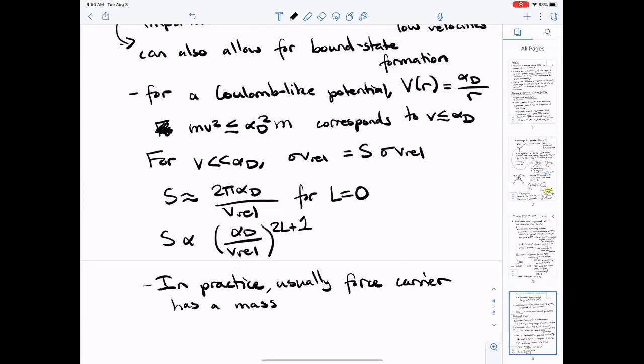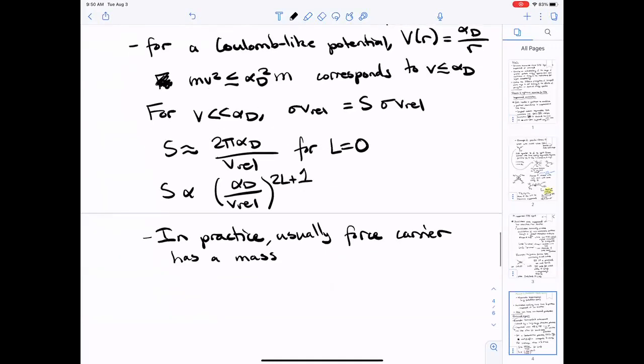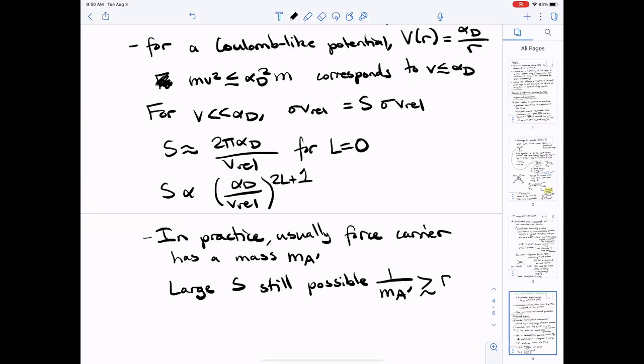If instead we consider a Yukawa potential with mass M_A', then you get Coulomb-like behavior. If the force carrier has a mass, a large enhancement is still possible, provided that the range of the potential, 1 over M_A', is larger than the Bohr radius that you would get in the Coulomb case.